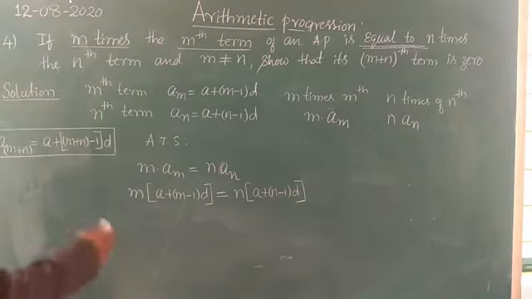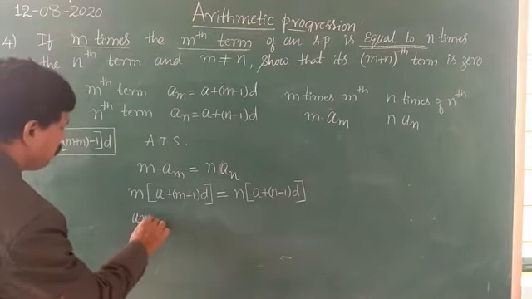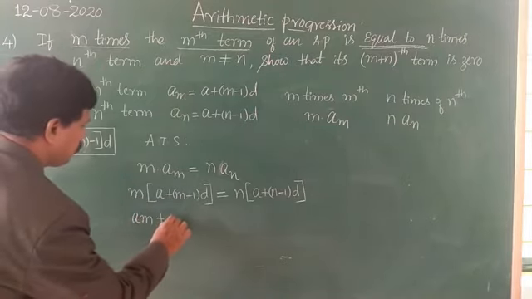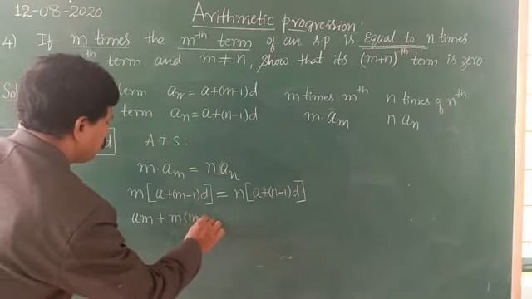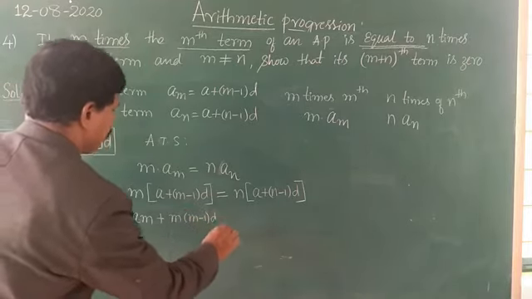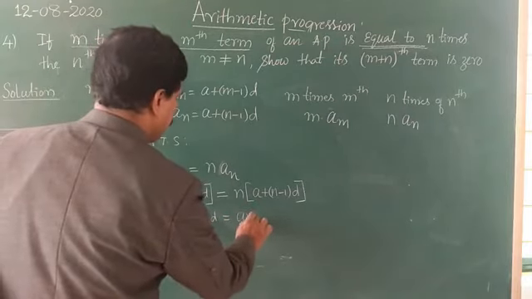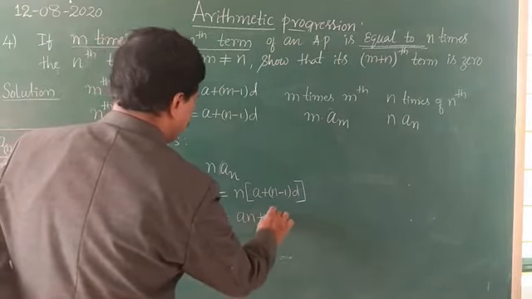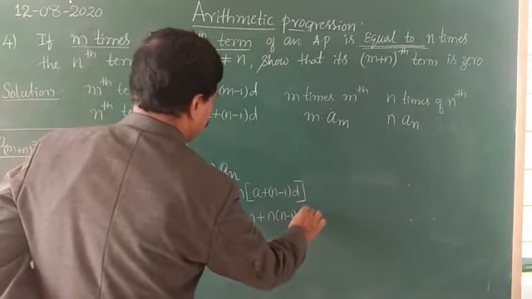Clear? Now multiply: am plus m of m minus 1 into d equals an plus n into n minus 1 into d.